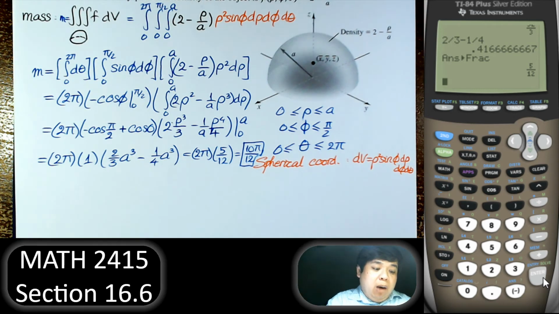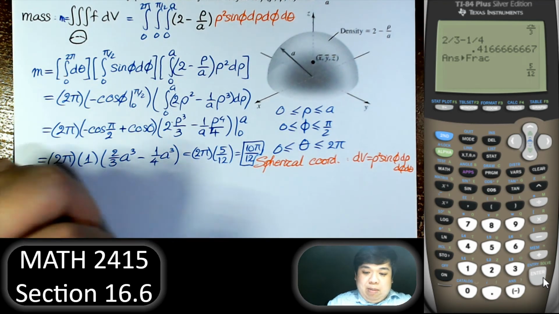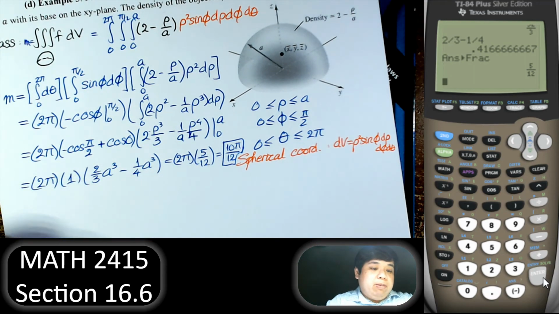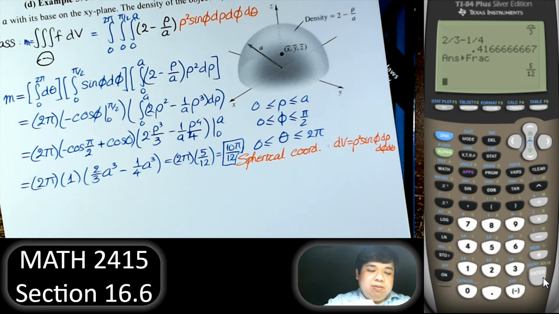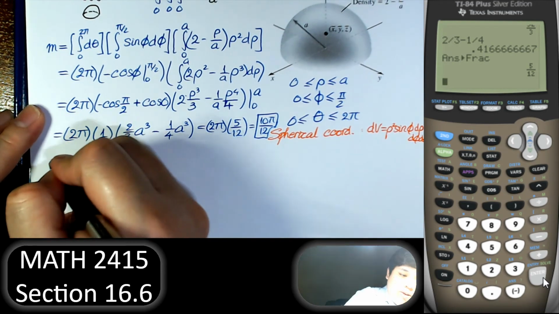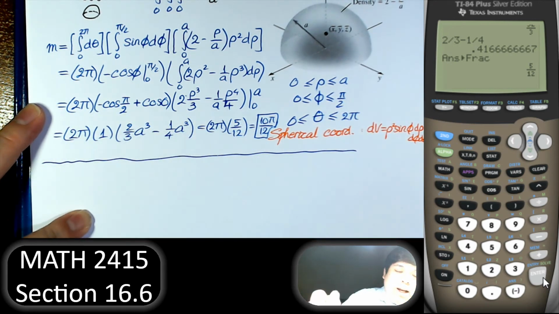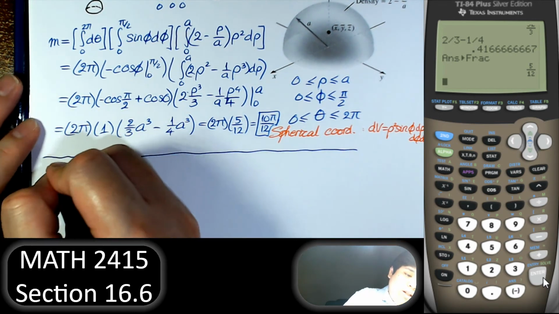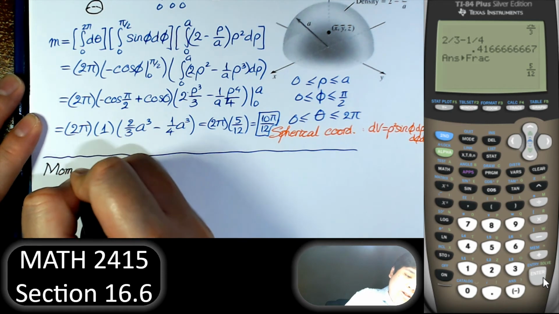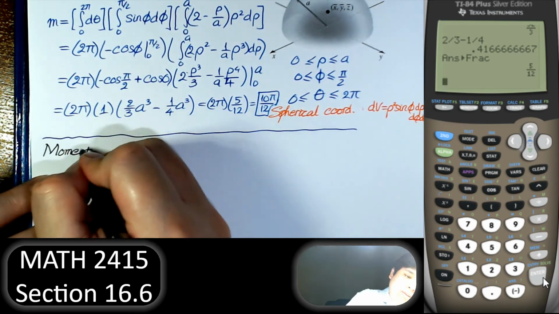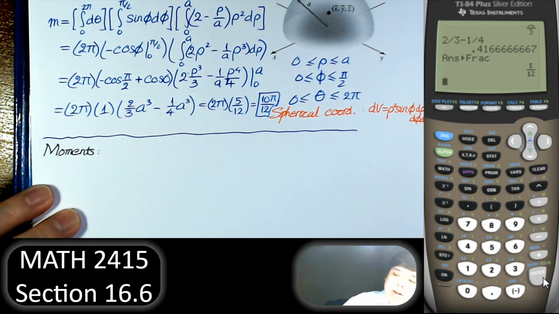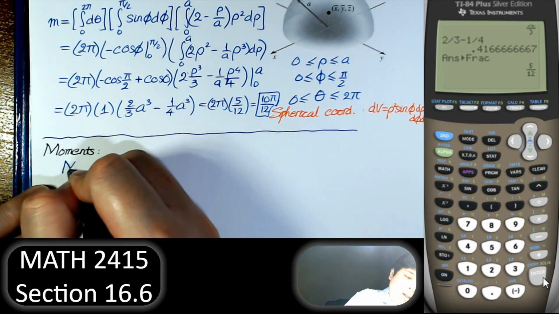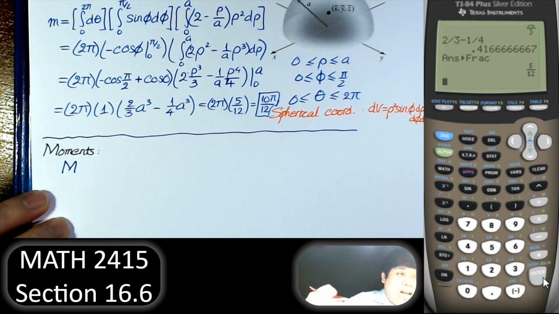Now we calculate a moment. I said there may not be enough space to do all of them, so I'll just do maybe 1, maybe 2 of them. Right, so that was the mass. Now the moment. Let's do the moment about the XY plane.